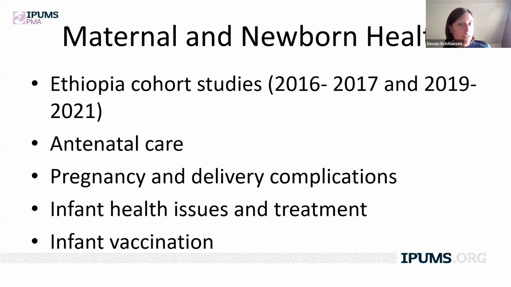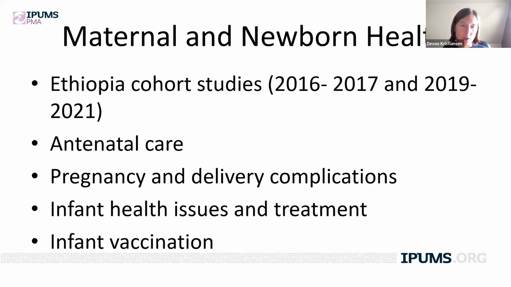In Ethiopia, PMA collects panels on maternal and newborn health. So currently there are 3 cohorts. Only 2 of them are currently released, but they start with pregnant women, and they follow up. The follow-up periods have changed over time, but they're generally up to about a year, and they have about 3 to 4 follow-ups post-birth.